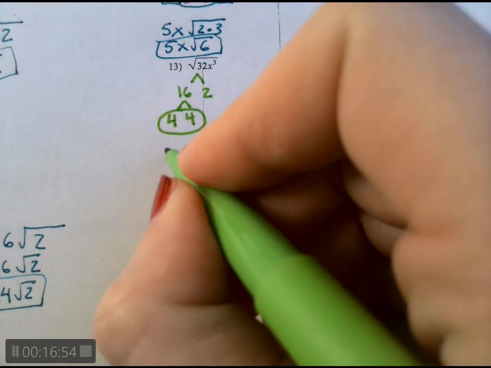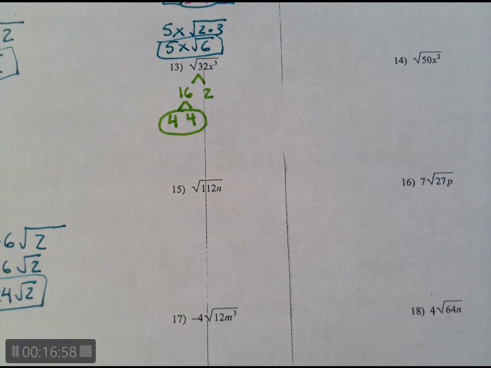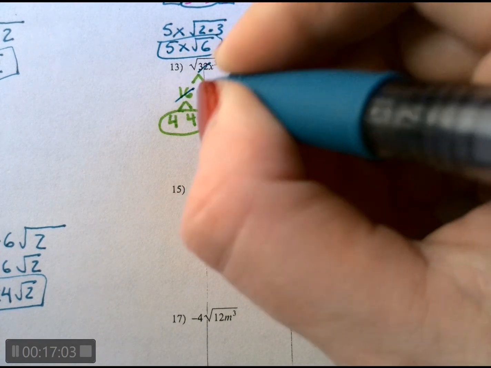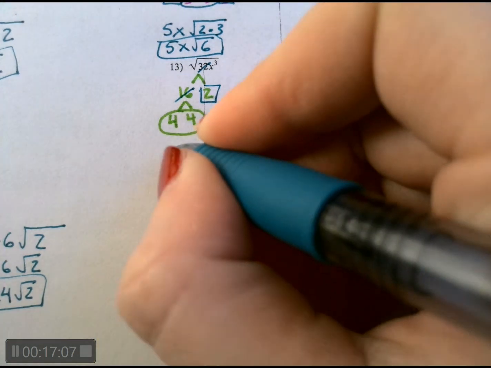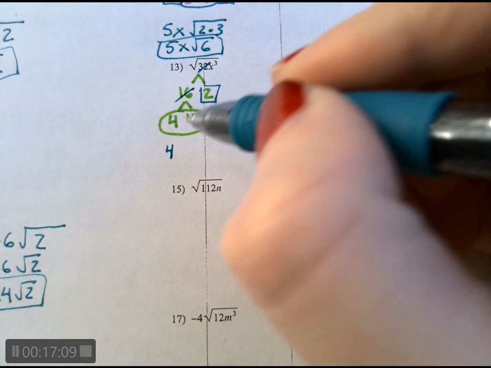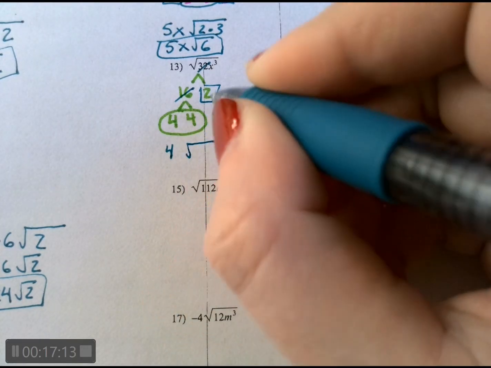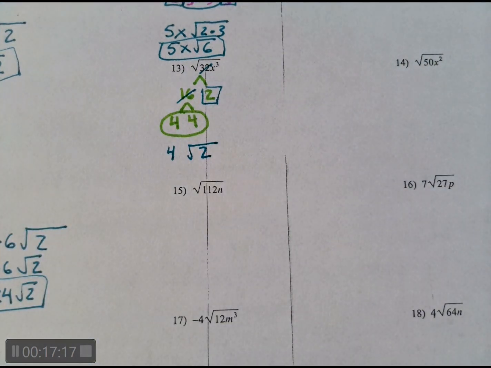Alrighty, and so then I'm going to box that, because we used that. Alright, so one number from each pair goes on the outside, leave it a little space, 2 is going to go on the inside. Alright, so now same thing.